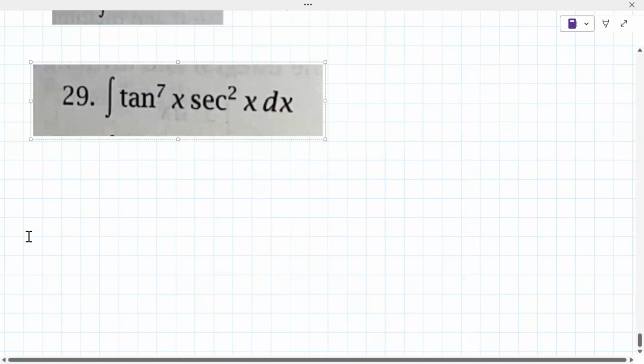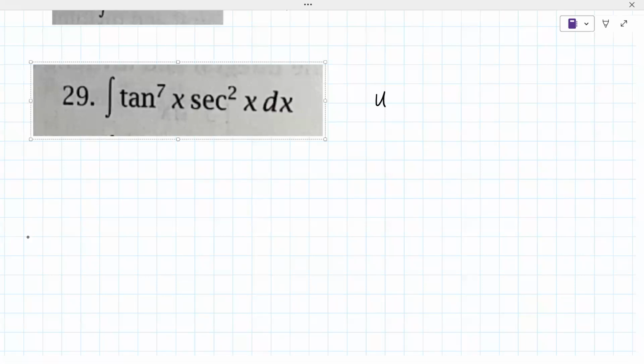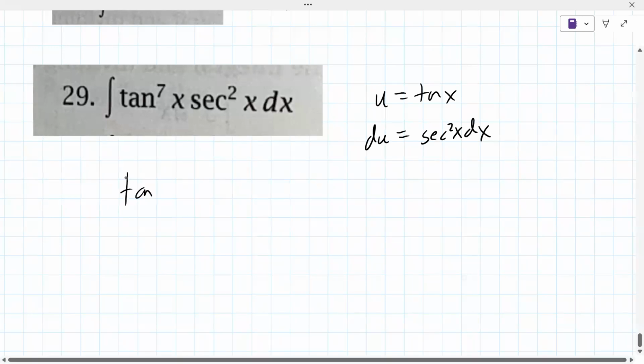So u equals tangent. Okay, so I got tangent to the eighth power over 8. Tangent x to the eighth power over 8 plus c.